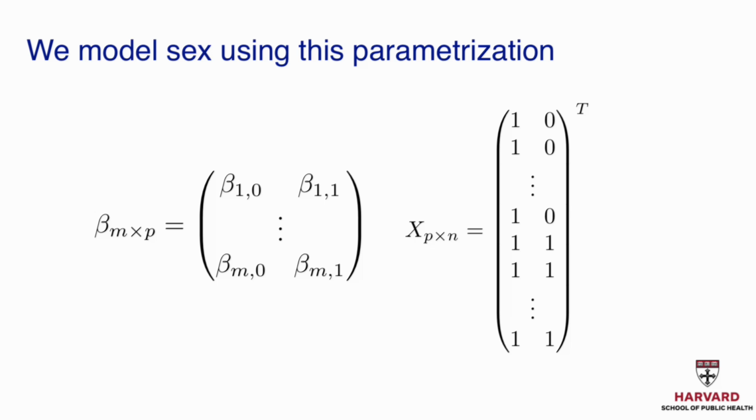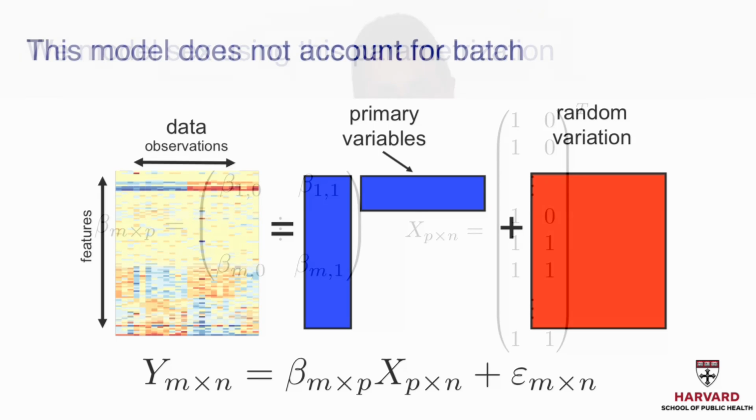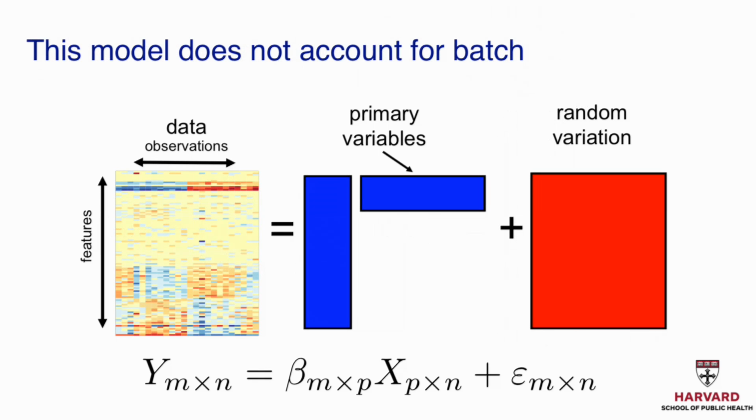It's the one we've used in the linear model modules. But in this case, it's missing something. This model is going to explain this variability up here, right? Because when beta 1 is different from 0, you will get differences between the females and the males. But this down here is not explained by that. So we need a way to explain this.